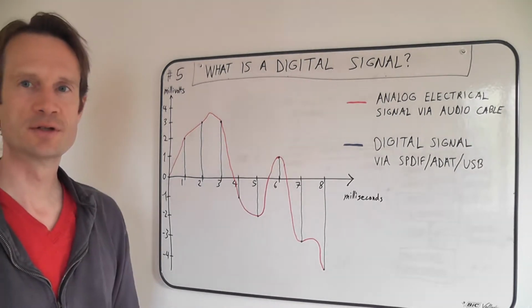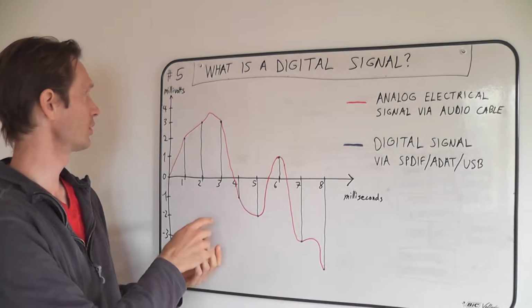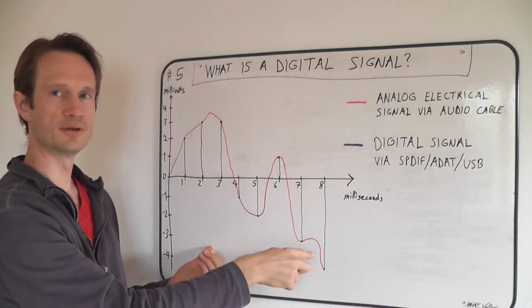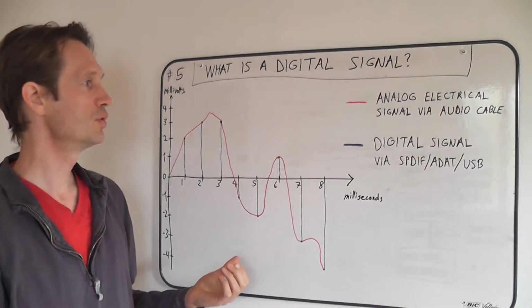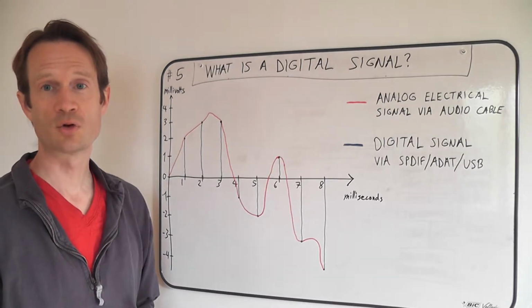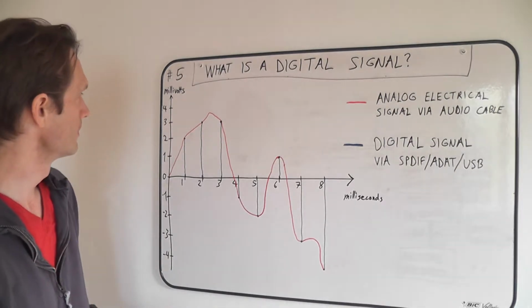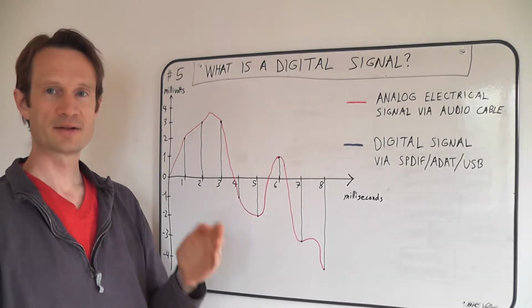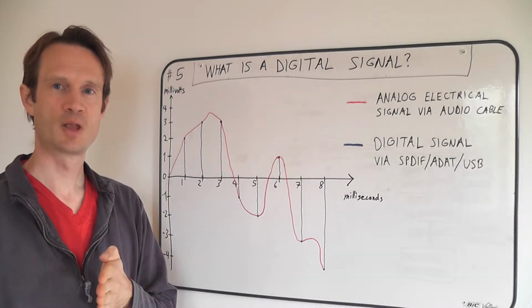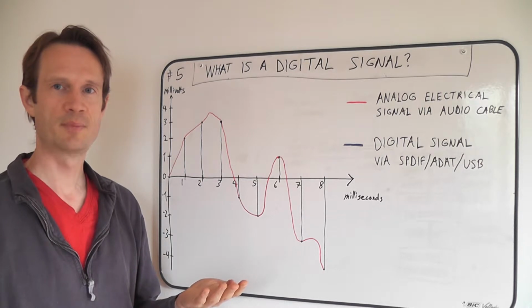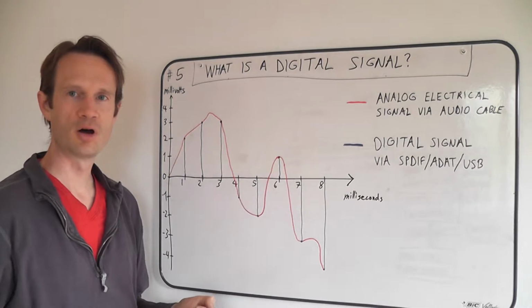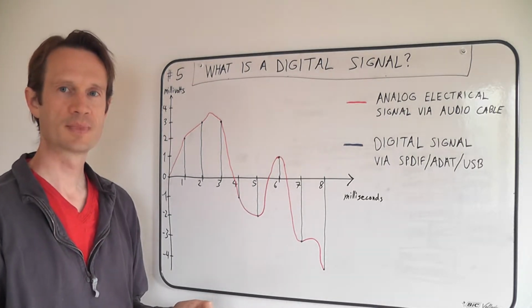Now, what are we going to do in order to convert this analog electrical signal into a digital signal, or a signal that we can store on a computer? Computers only know how to store a finite amount of information. On magnetic tape, in the past, we would have stored this analog signal directly.